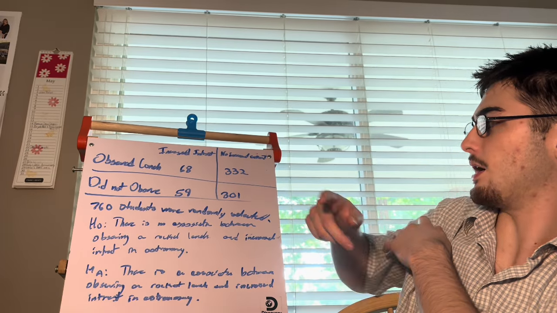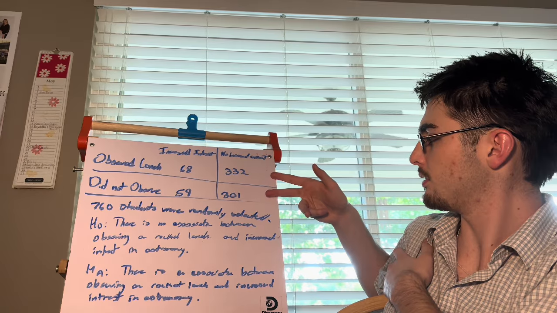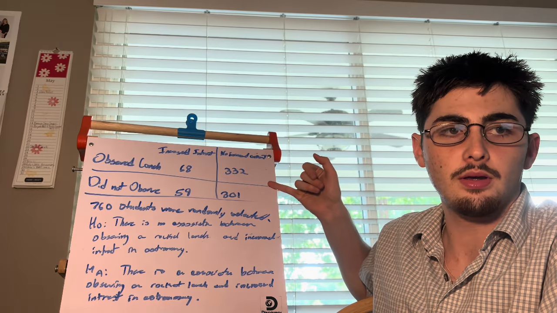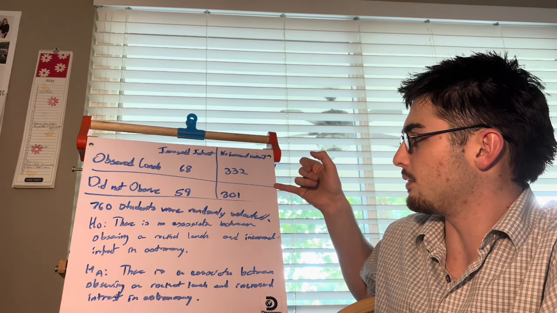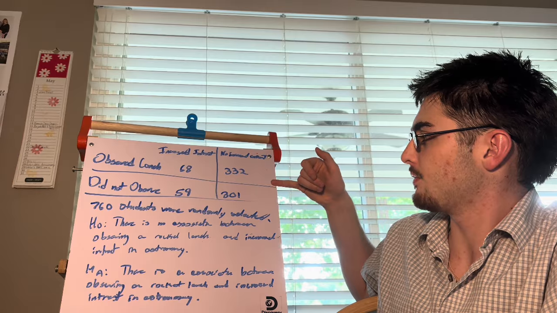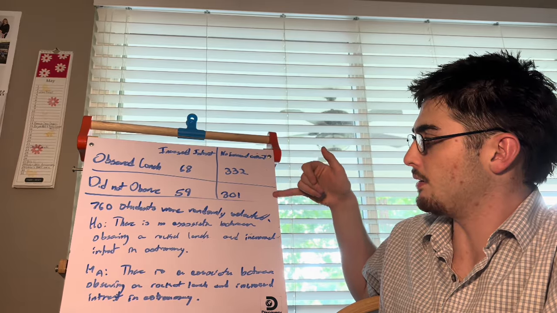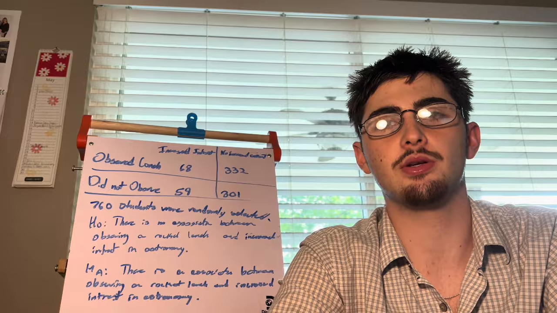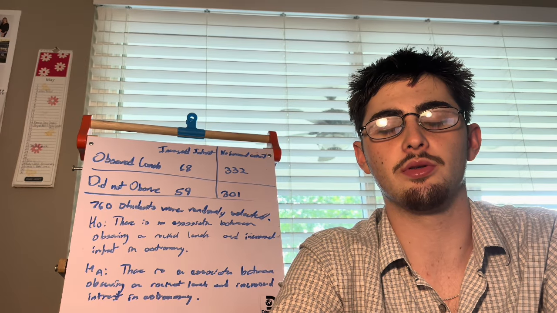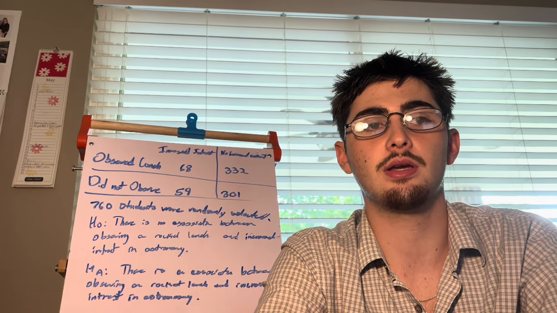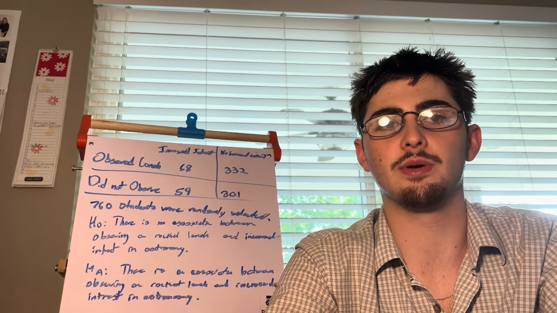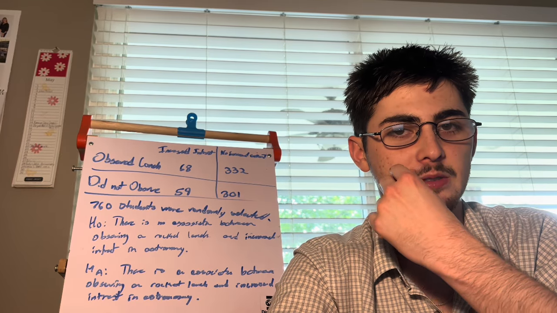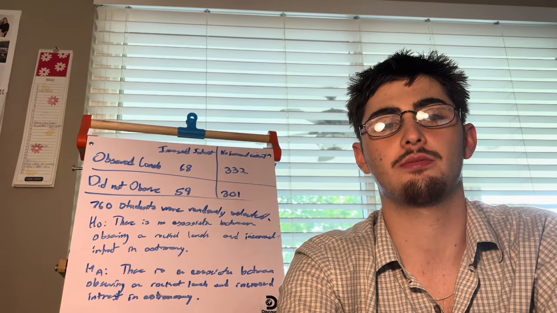But if viewing the rocket launch did affect it, then the numbers would be different. So the chi-square test checks whether the differences between observed counts and expected counts are bigger than what we normally expect from random chance. So small differences suggest independence, while large differences suggest association.